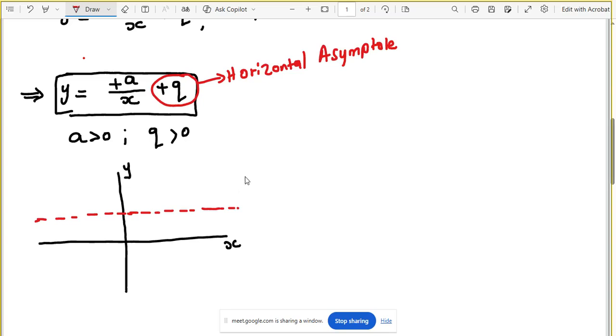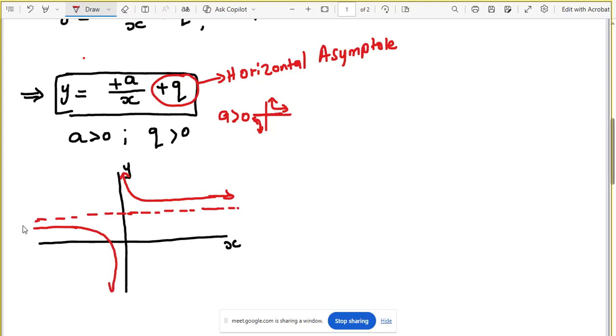Another thing, if a is greater than 0, your graph will be in the first quadrant and in the third quadrant. So it will be in this quadrant, which is your first quadrant, and then in this third quadrant.